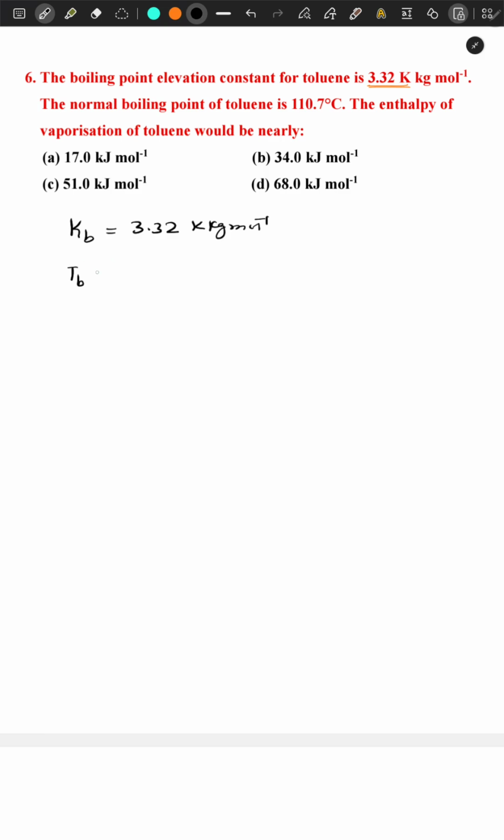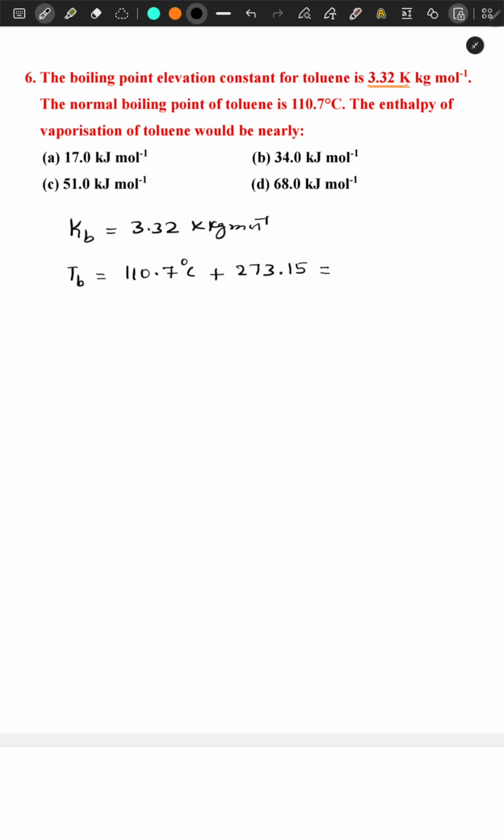So that is Tb, 110.7 degrees Celsius. Of course we have to convert into Kelvin. To convert into Kelvin we have to add 273 or the exact value 273.15. You can simply add 273 or you can add 273.15.